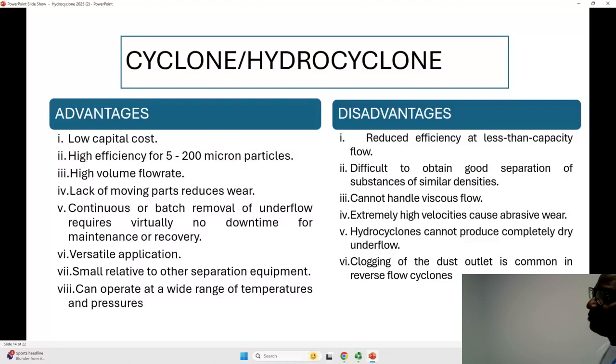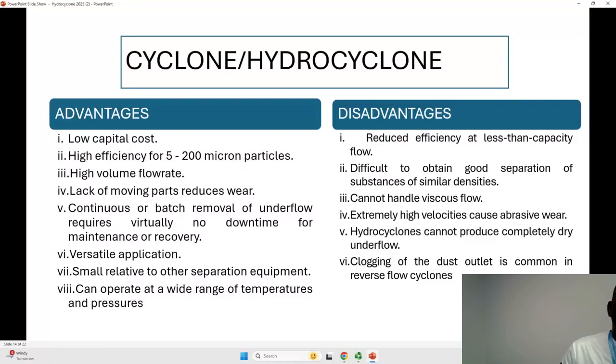So if you use it for a less capacity flow, then the efficiency will be reduced. And it's difficult to obtain good separation of substances of similar density.